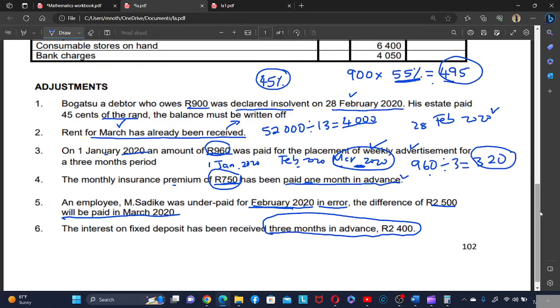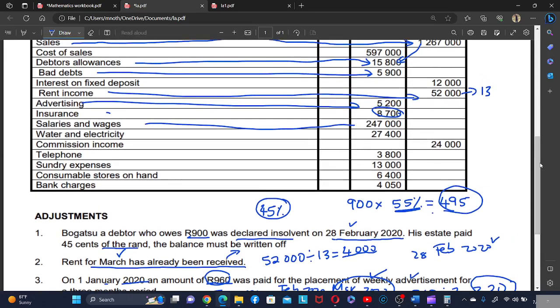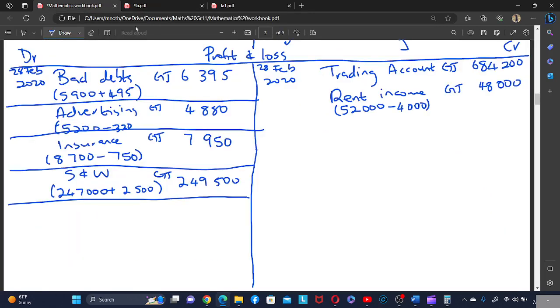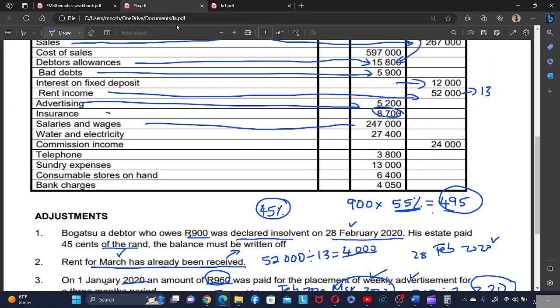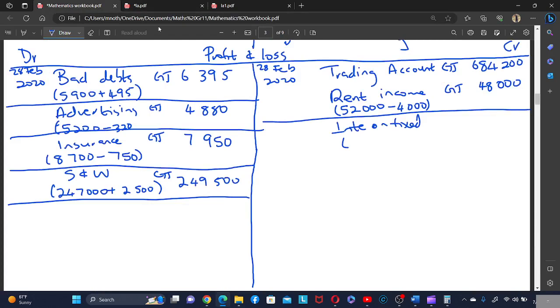Okay, interest on fixed deposit, it's an income, so it must be recorded on the credit side. Interest on fixed deposit, so it's how much? 12,000.